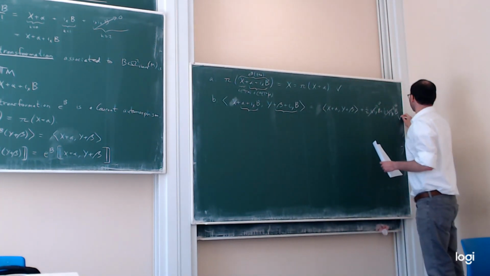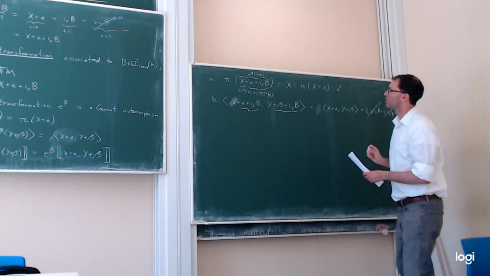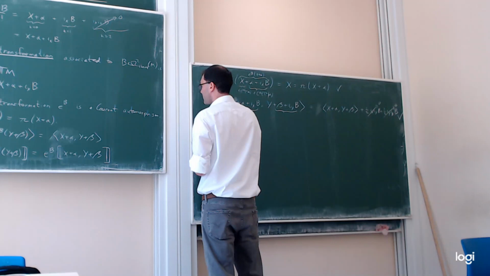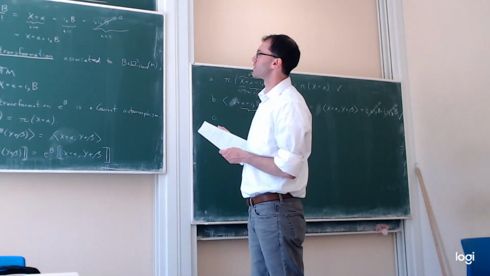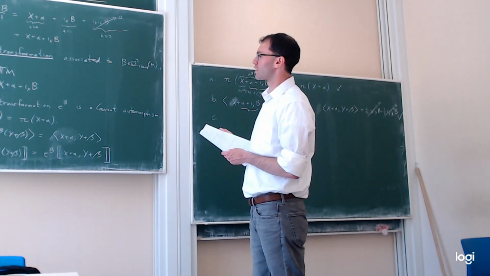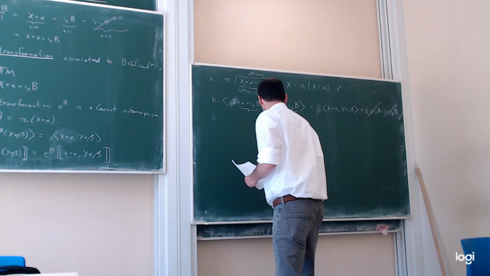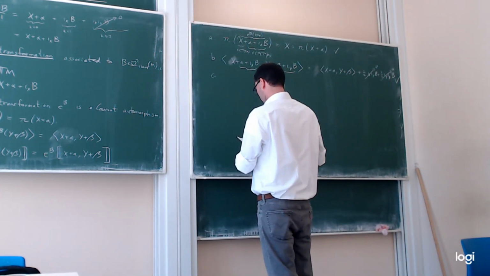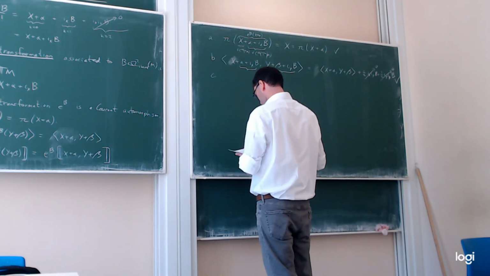So we will check. And now for the most involved one, C, we want to show that the B field transformation is an automorphism of the Courant bracket. So this will take, I think, like 2 steps.